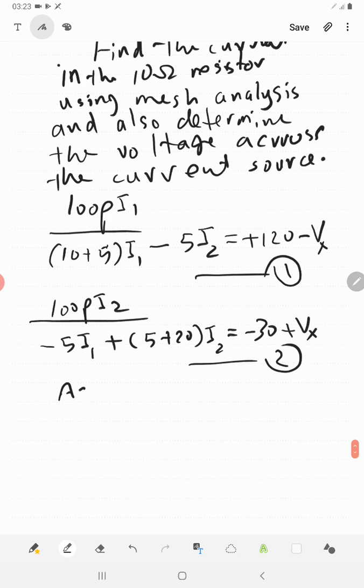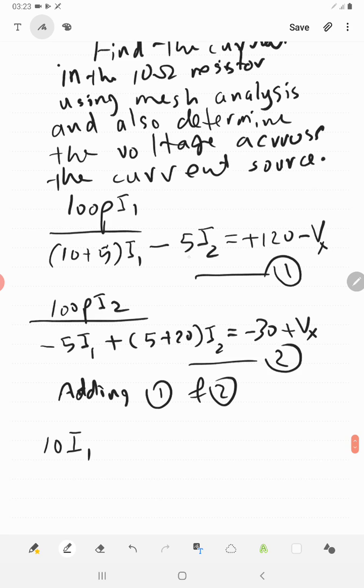Adding 1 and 2, so we have 10 plus 5 I1, and here minus 5 I1, we get 10 I1, right?